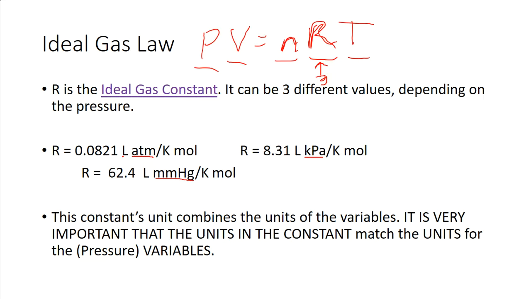But look, everything else, each one has liters, each one has Kelvin, and each one has mole. So what that tells you is temperature always has to still be in Kelvin, and volume always has to be in liters, and moles obviously is going to be in moles. But pressure, since it varies, will be in either atmospheres, and you'll use this R, kilopascals, in which case you use this R, or millimeters of mercury, in which case you use this R.